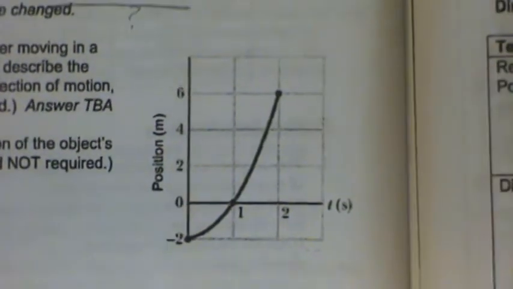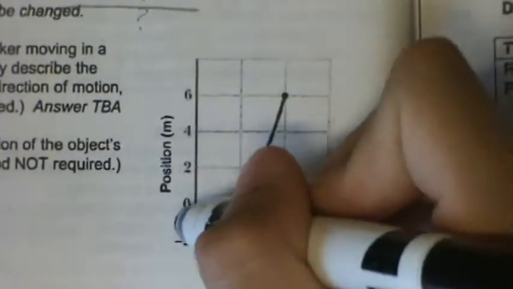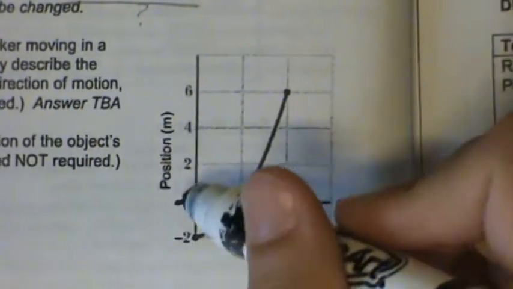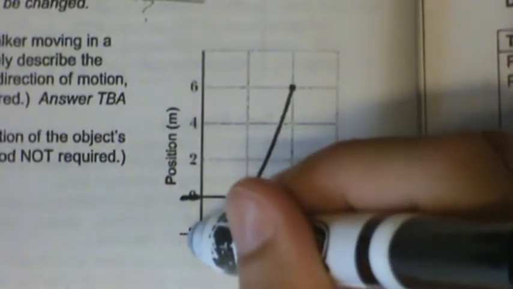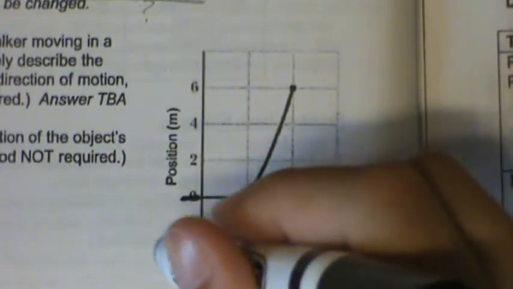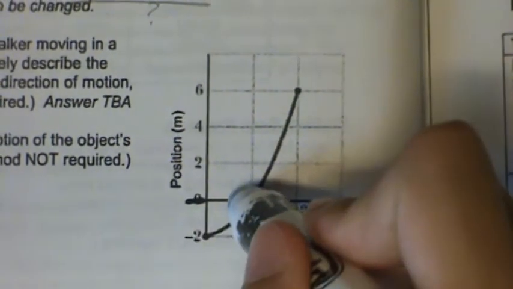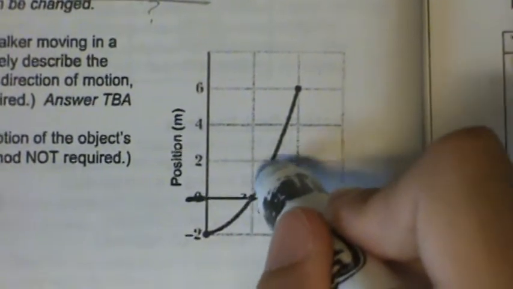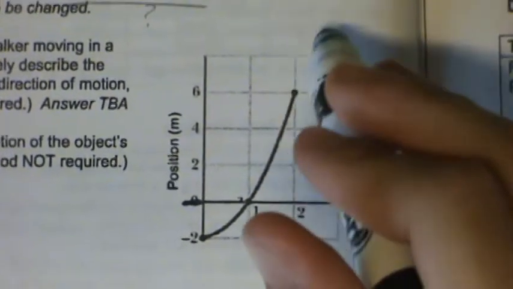Here we go. Remember the reference point is at a position of 0. So he is a little bit to the negative direction of it, and during his motion he gets closer, and then once he passes it, he continues to move past it and then moves away from it again into the positive direction.